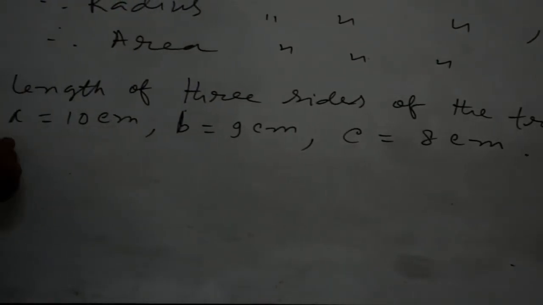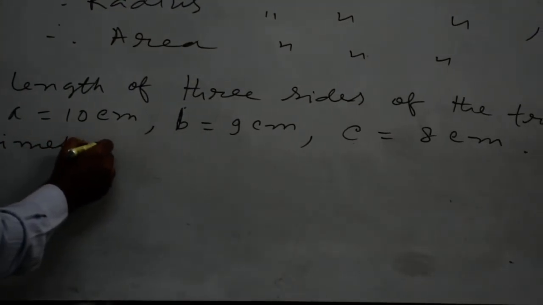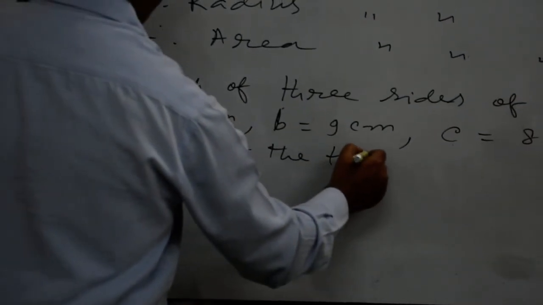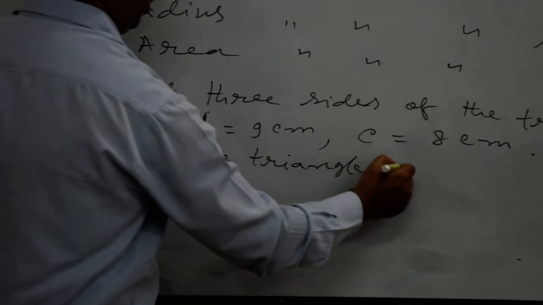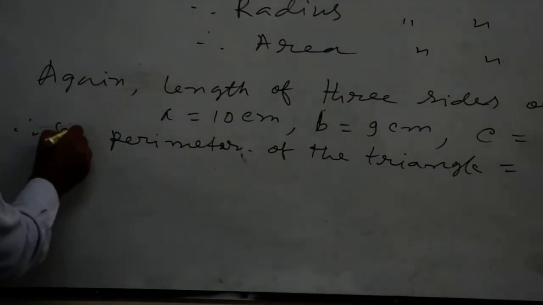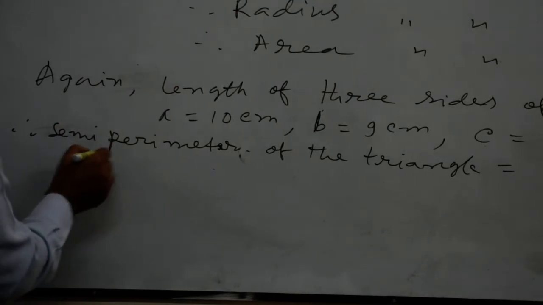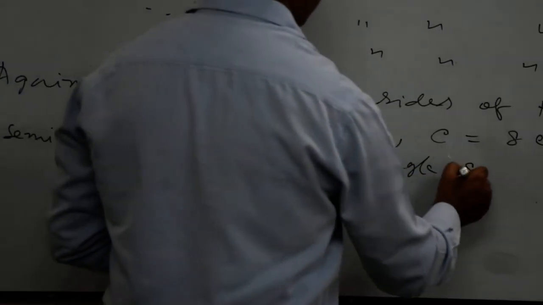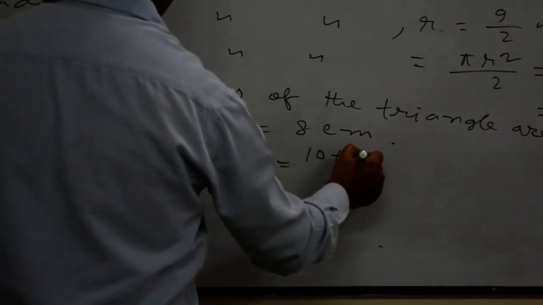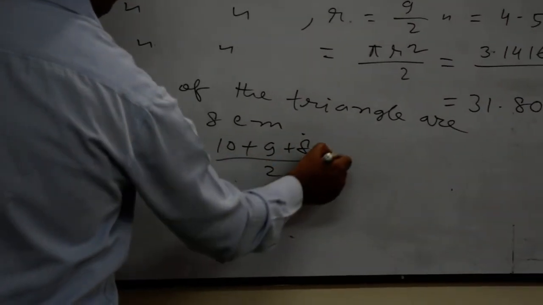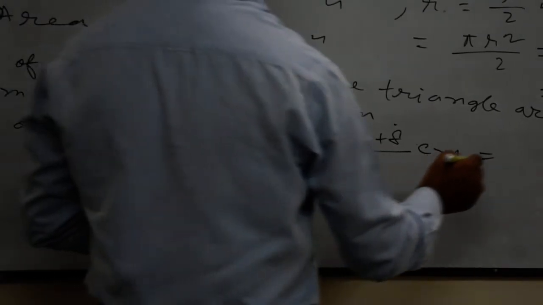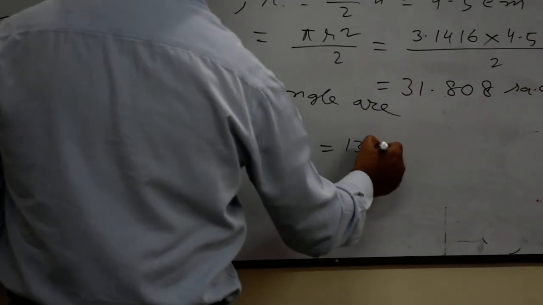Therefore, perimeter of the triangle, or you can write directly the semi-perimeter of the triangle. You can say S equal to A plus B plus C by 2. 10 plus 9 plus 8 by 2 centimeter, that will be 19 and 8, 27 by 2, that is 13.5 centimeter.